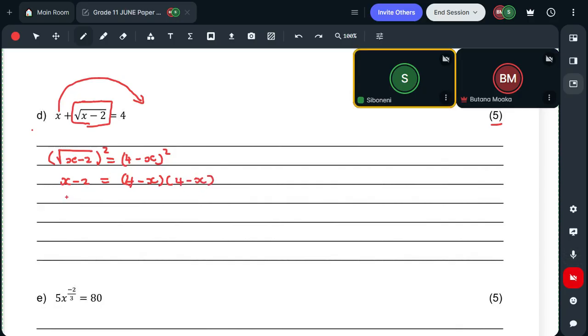Okay, I'll do it right here. 16, negative 8x, negative 8x, and negative x times negative x. Can we say minus x times minus x to be negative x squared? Oh, positive x squared. Exactly.